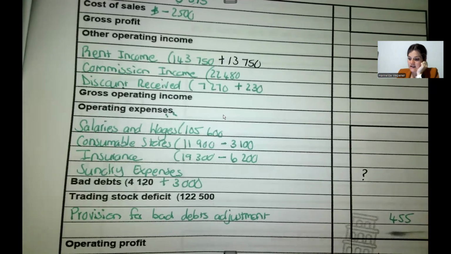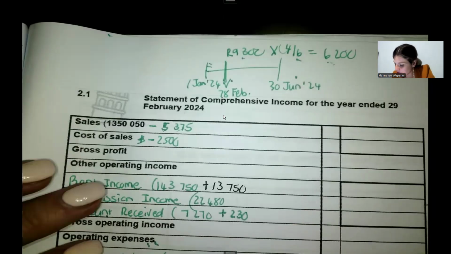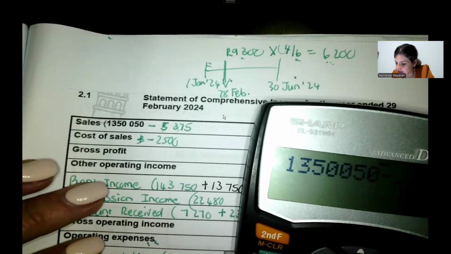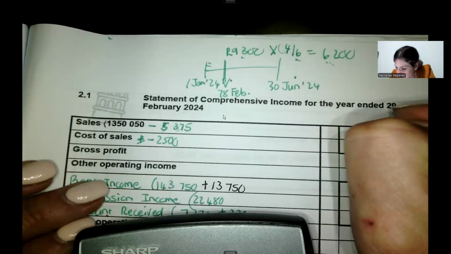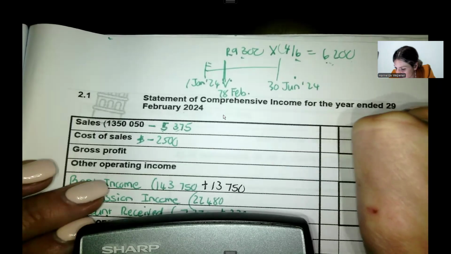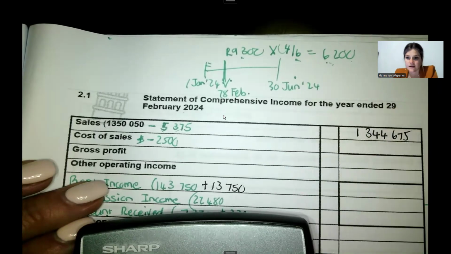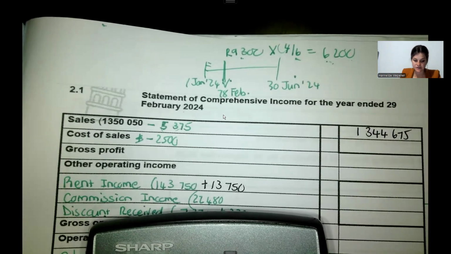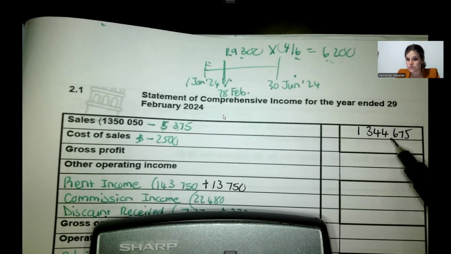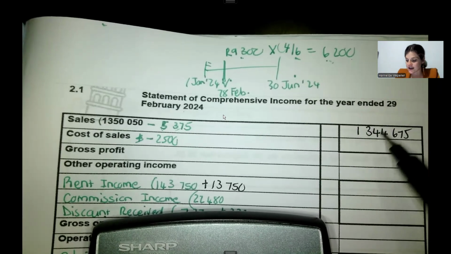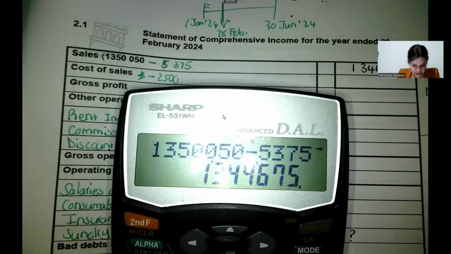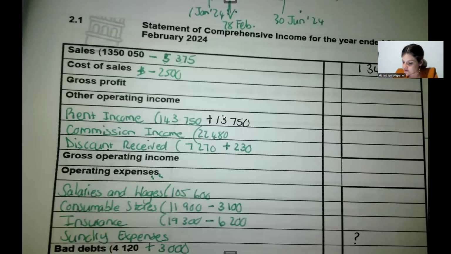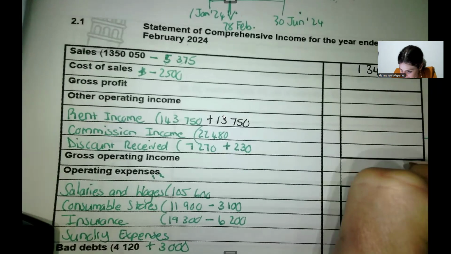You must take your sales figure, 135, minus that debtors allowances, and then calculate your operating expenses. So operating expenses is equal to 28% of sales. You take your sales times 0.28, and that gives you your operating expenses.